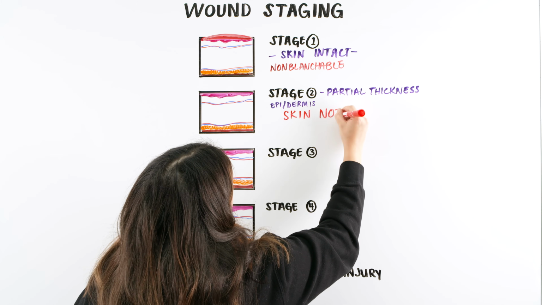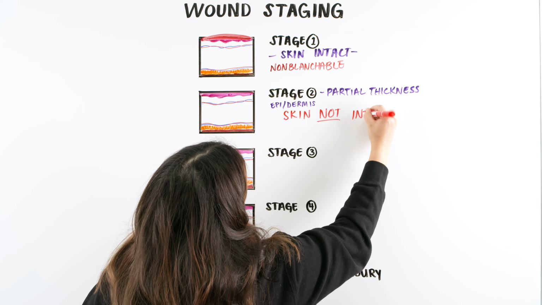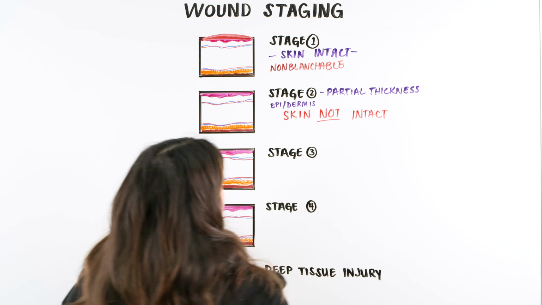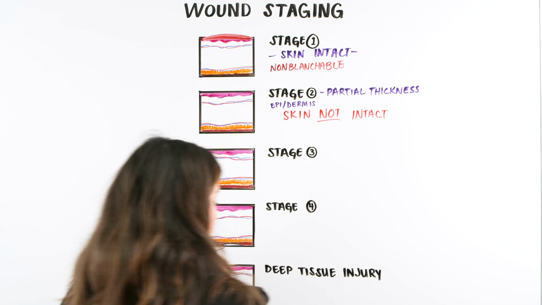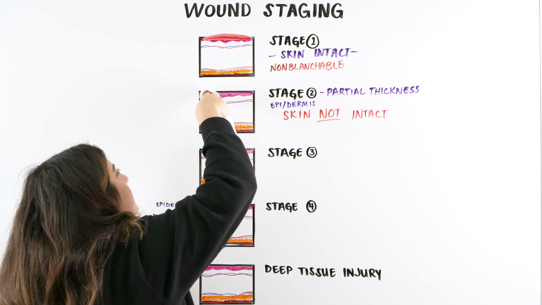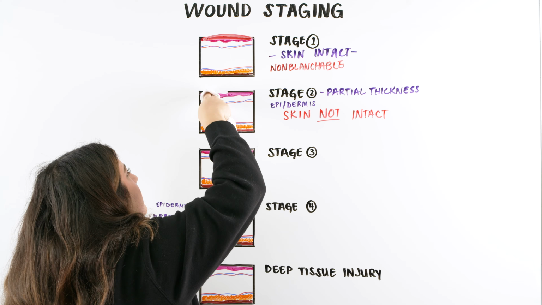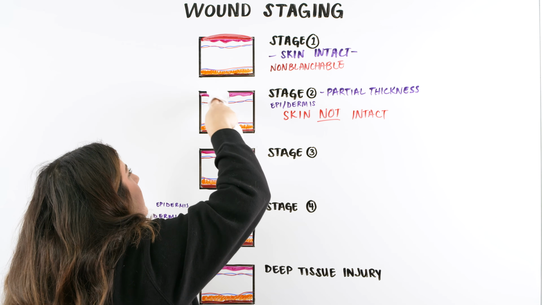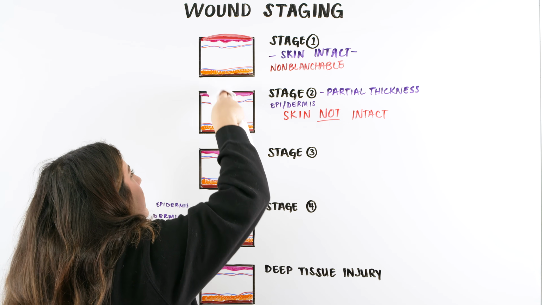There is going to be a break within that layer of skin, within the epidermis, so it's opening up our dermis to the outside world. We're looking at a potential injury like this.